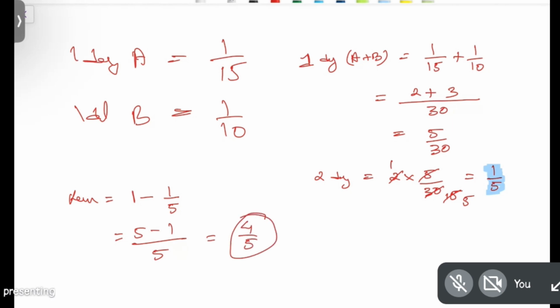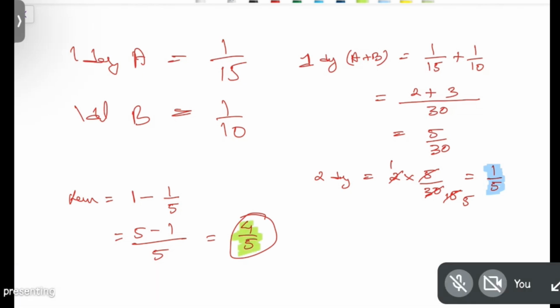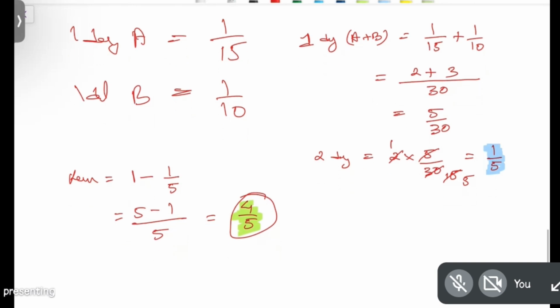And we know that this remaining work needs to be done by whom? By A alone. So A alone finishes the remaining work in how many days?